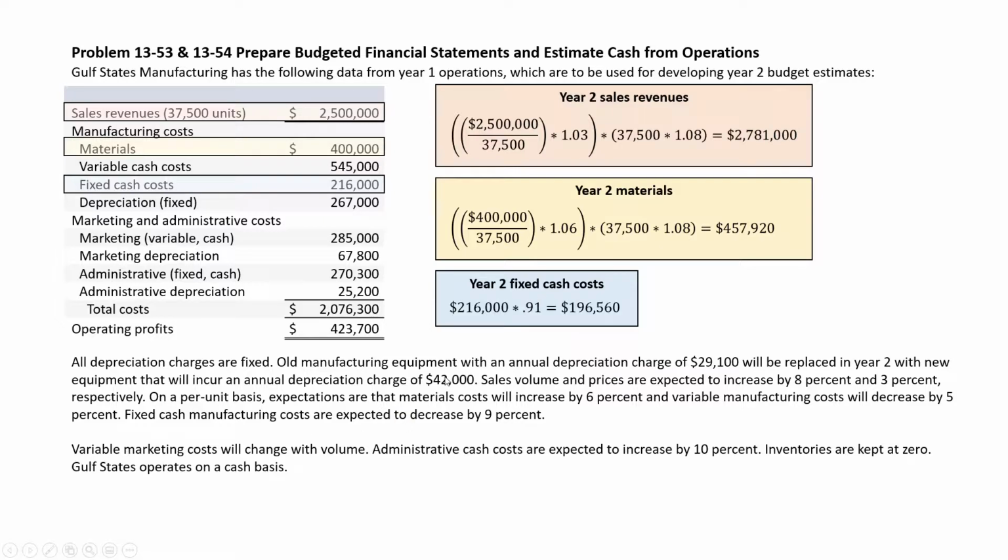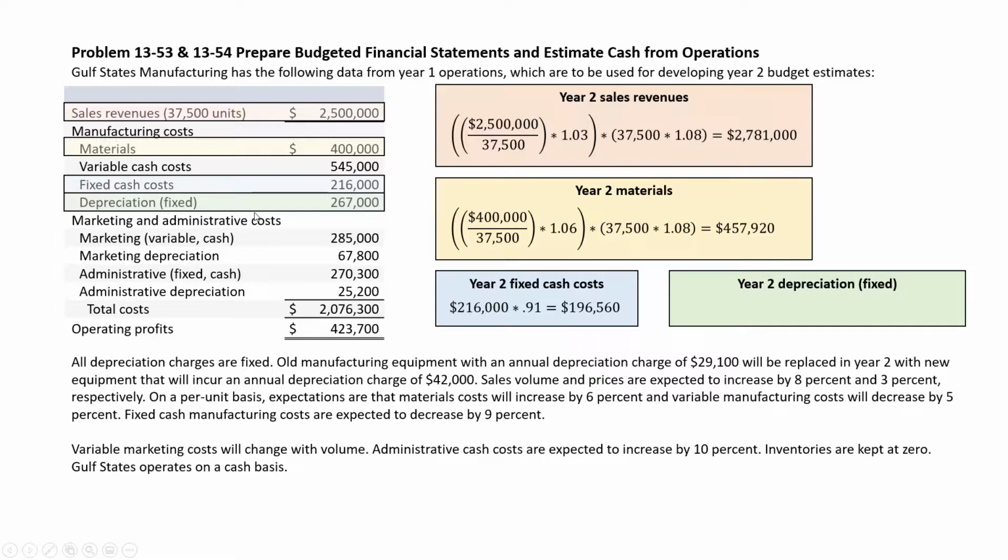So you can do this calculation a couple of different ways. You can take 216,000 times 9% and then subtract it from 216,000, or you can do what I did here, 216,000 times 91%, that's just 100% minus the 9%, equals expected fixed cash cost of 196,560.